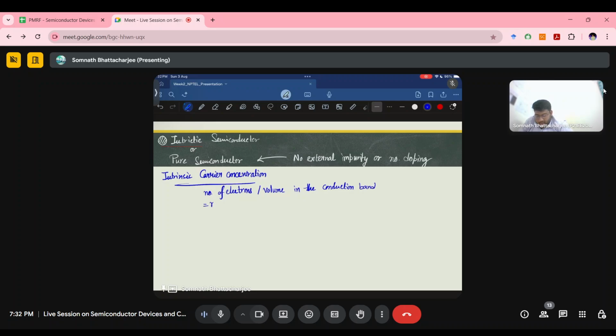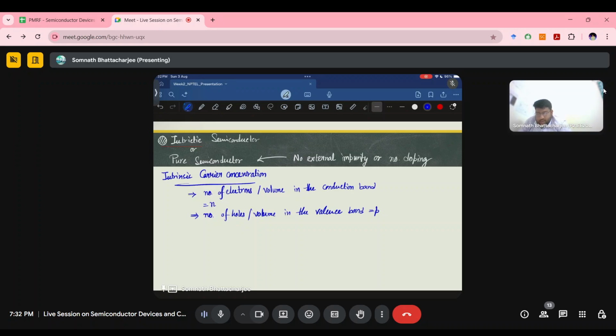We can term it as n, and similarly another point would be the number of holes per unit volume in the valence band. We can term it as p, let's say.